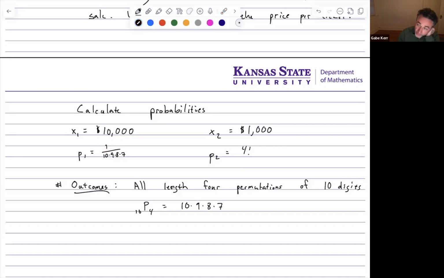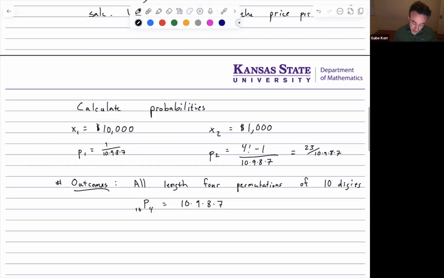But every other way of arranging it counts. 4 factorial is 24, 4 times 3 times 2. So this is 23 over this number, which I'm going to leave as such.